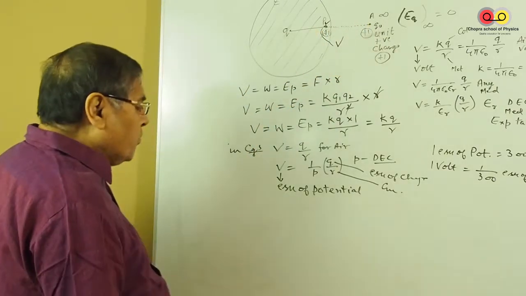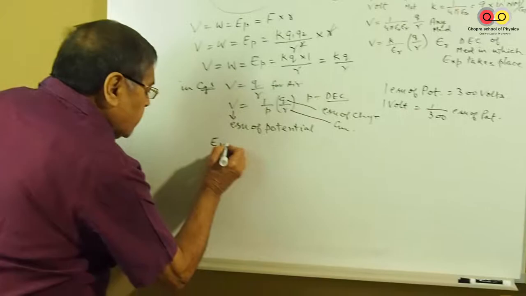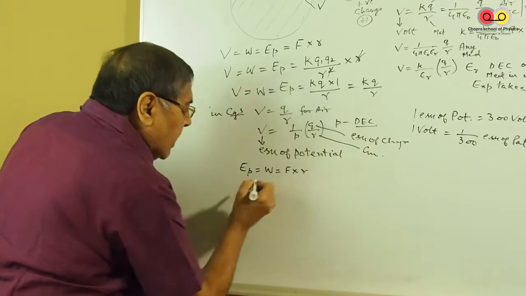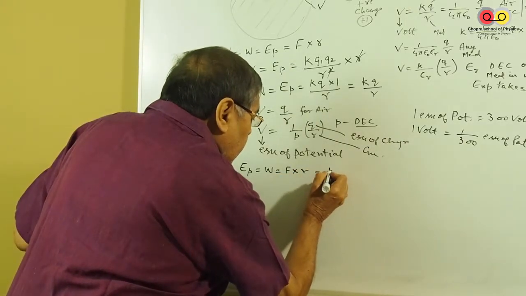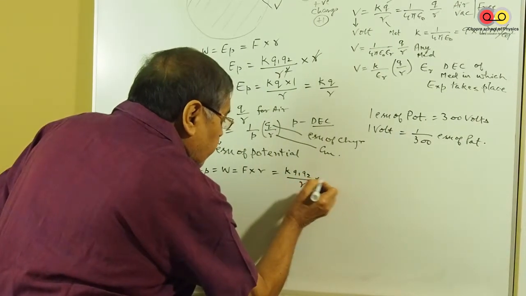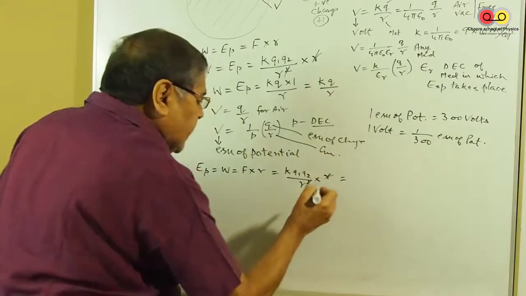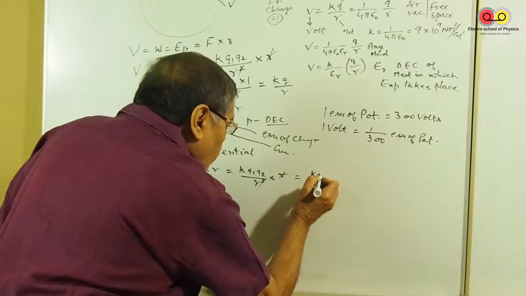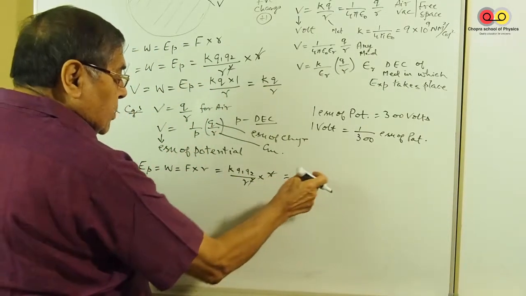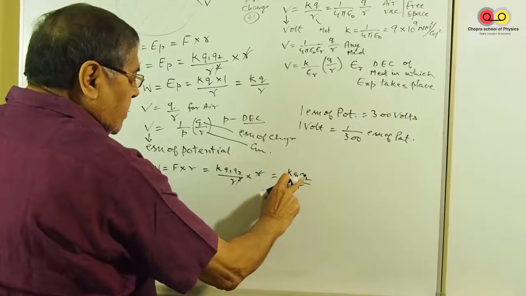So whenever we have to find electrical potential energy, it is simply the work done, and work done is F into R, where F will be taken as K Q1 Q2 divided by R square multiplied by R. R will cancel off and the formula will become K Q1 Q2 divided by R. So here in this case Q2 is brought from infinity, instead of unit charge we write Q2.